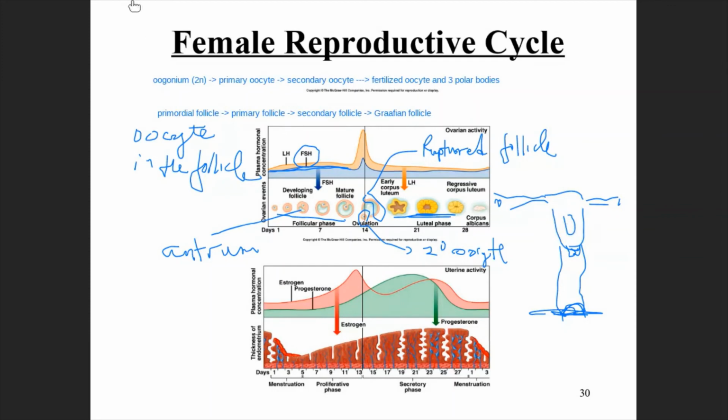So the uterus actually has three layers: the perimetrium. This one is peri, which is outside. You have the myometrium, myo, which is the muscle, and then the endometrium here. Now the endometrium has two layers.